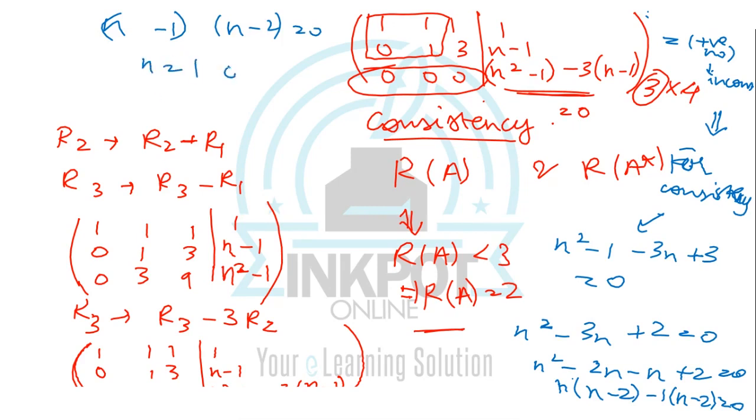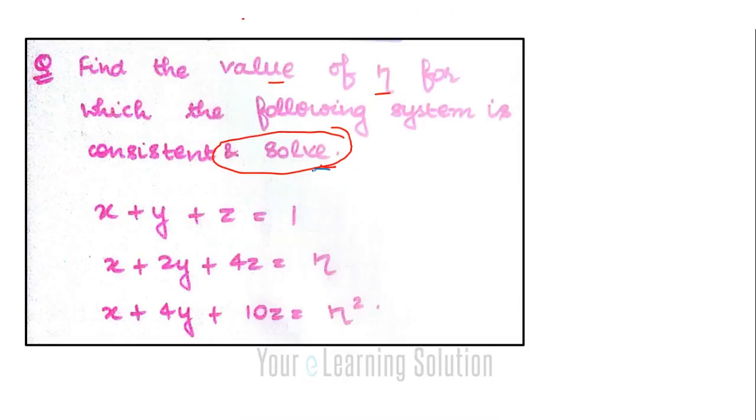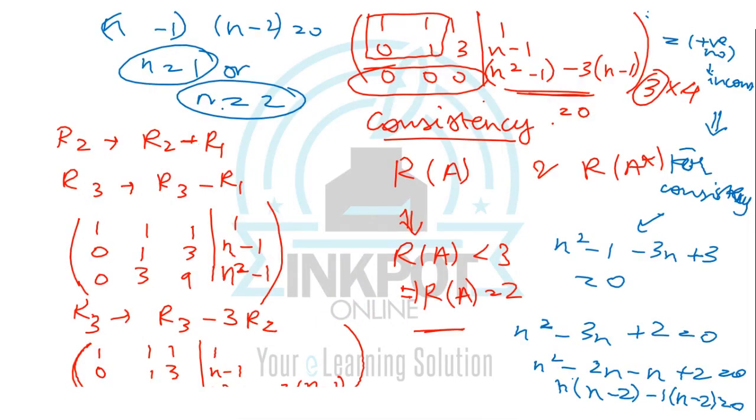So eta is equal to 1 or eta equals 2. Okay. What you now do is put these real values, because like I had said, the question also asks you to solve. What you do is you put these values back into the matrix that you had earlier or into the reduced form of it, and then you see what is happening and what is the solution.